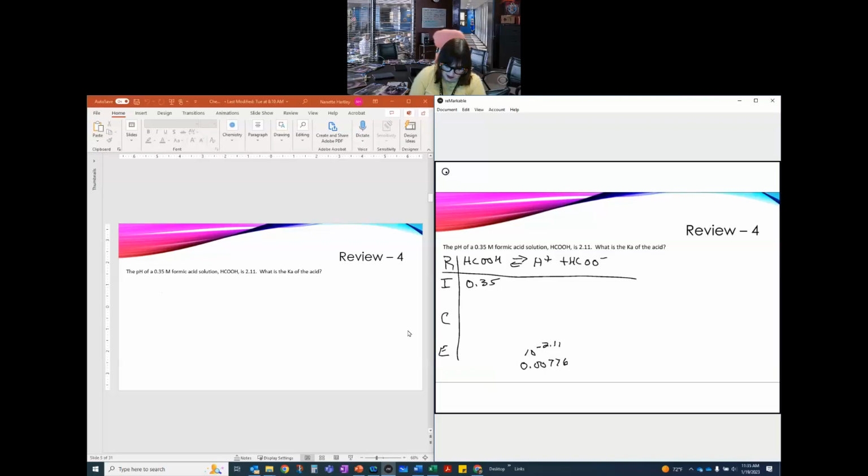Now, when we talk about our change, this is going to be a negative x. This is going to be a plus x. And this is going to be a plus x. That means that this HCOO minus is also the 0.00776.